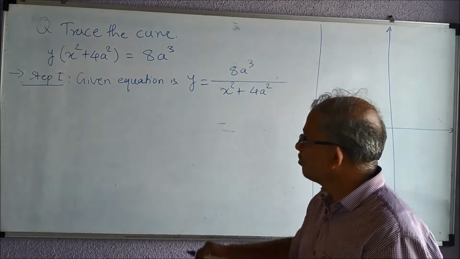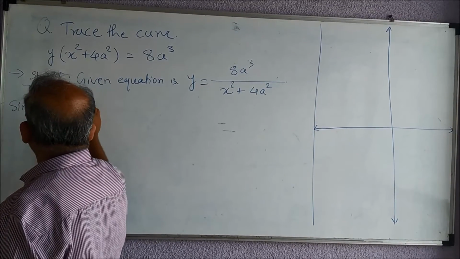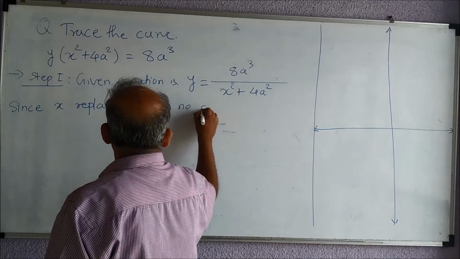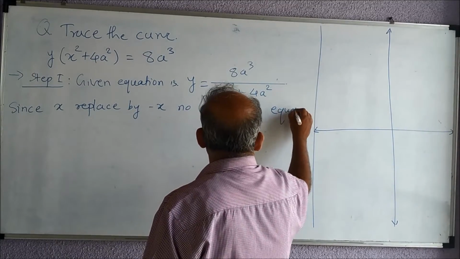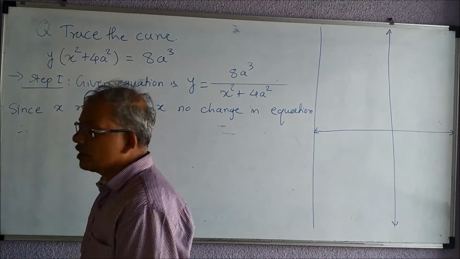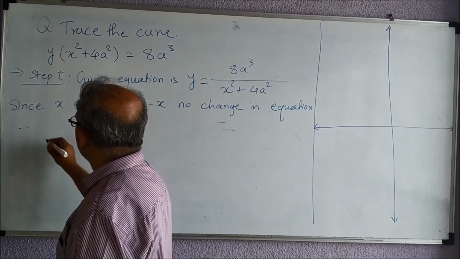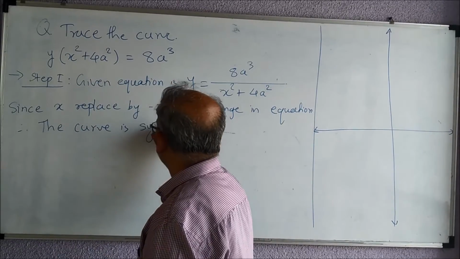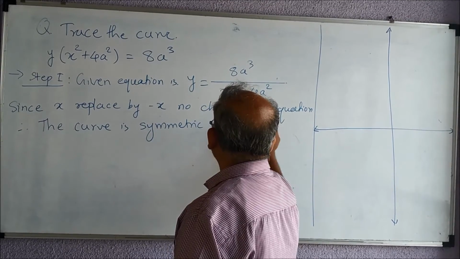So since x replaced by minus x gives no change in the equation, therefore, what our rule of symmetry says is that the curve is symmetric about the y-axis.